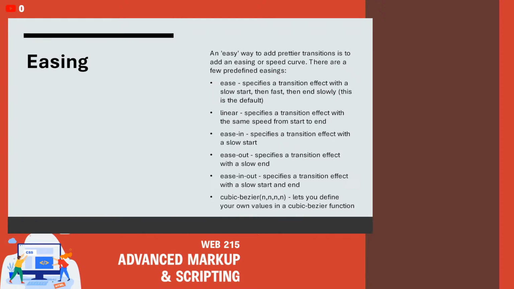So what we're going to do is we're going to set up a predefined animation that we're going to define. We're going to call it wiggle, using keyframes that we're going to define at different times during the animation. And then we're going to add some easing to our animation to be able to add a nicer curve, right?